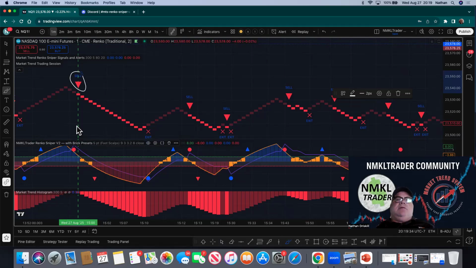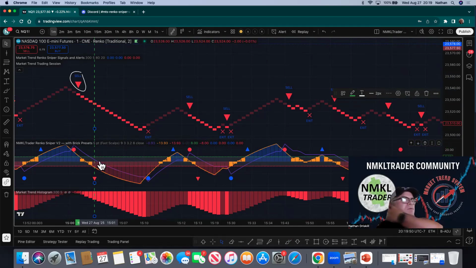All right, now let me go ahead and swap this out. Now let's move this on over to what's condition number two. All right, now we got the orange line below the purple line, which is the condition that we need for a sell. And it's breaking out of the channel here.